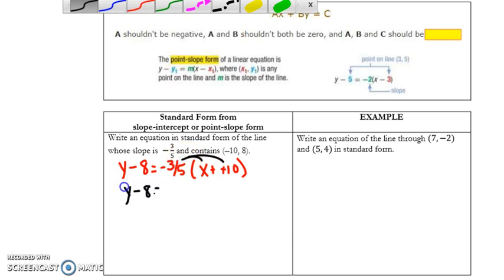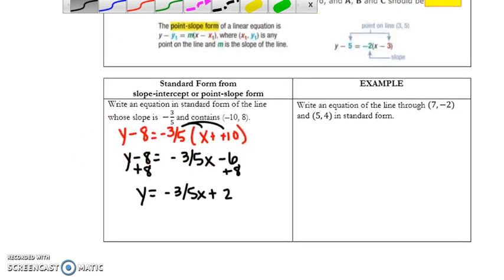So y minus 8 equals -3/5 x, and then we're going to take -3 times 10, which is -30, and then we'll divide it by the denominator 5, which is going to give us -6. Now, we're going to get this 8, so we're basically changing it into slope-intercept form, and then we'll change it into standard. So y equals -3/5 x plus 2.